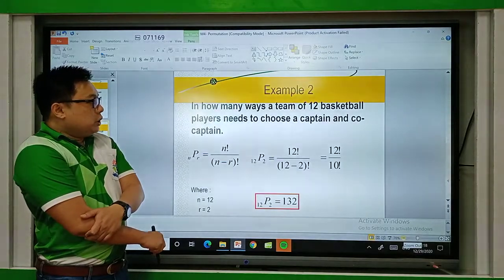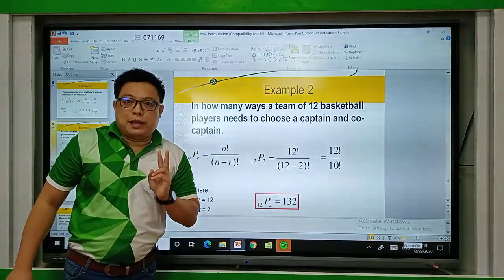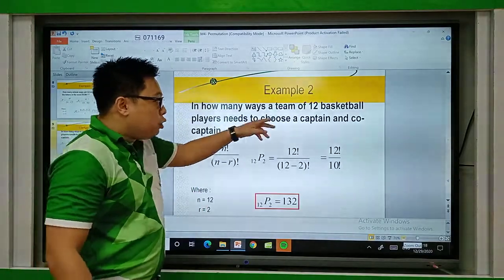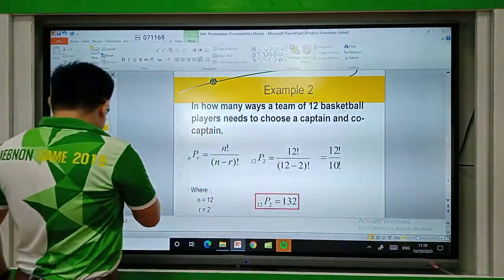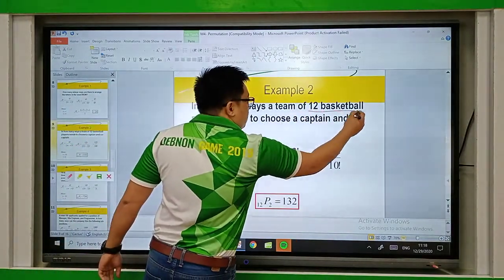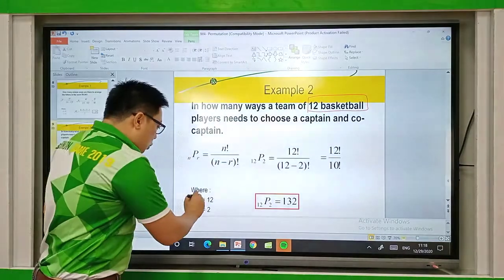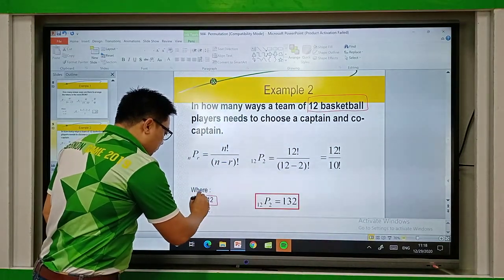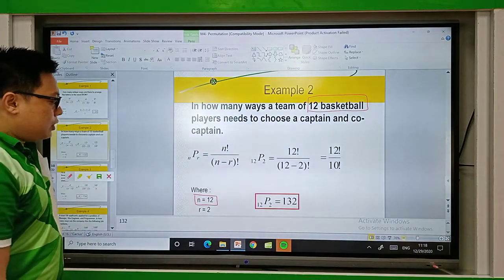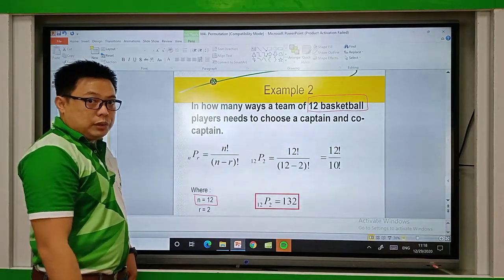There are 12 basketball players to choose from, so our n is 12, because there are 12 basketball players in total.